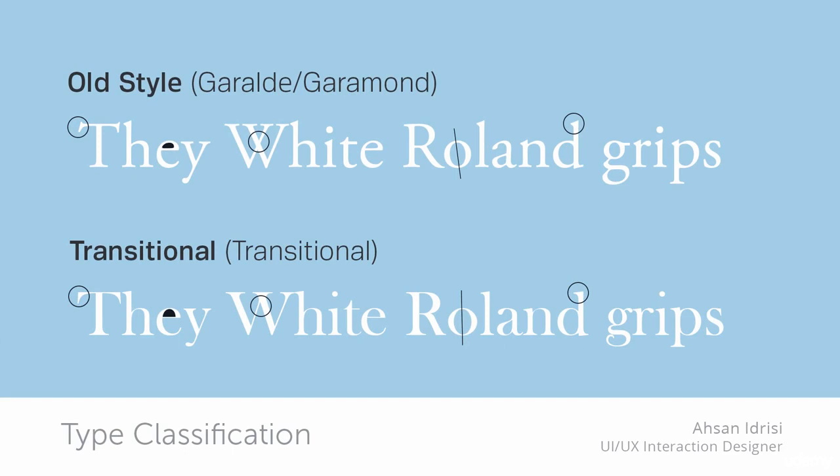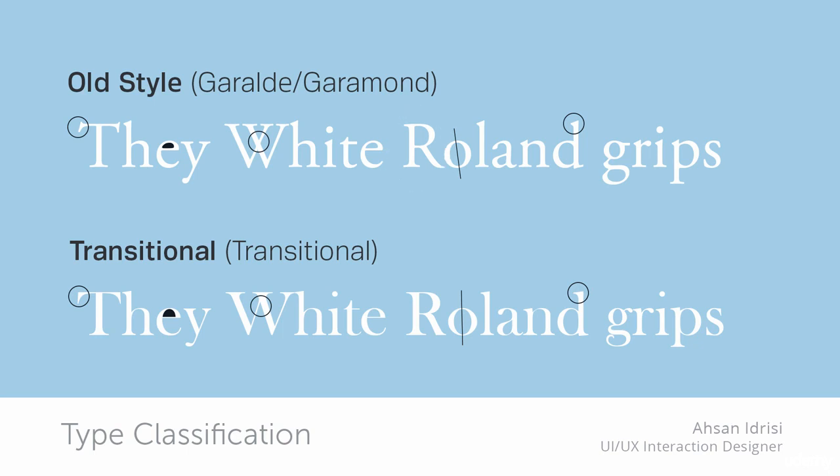The main factors are this W, the beak, these slanted tops of the D letter, and a bit of diagonal stress in the O. Also, the R letter has a curving stroke at the end.